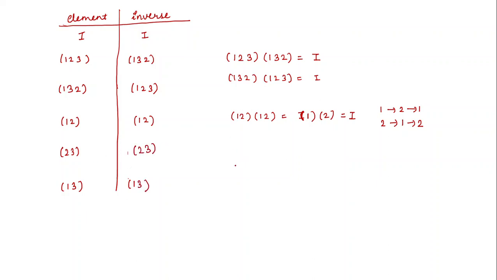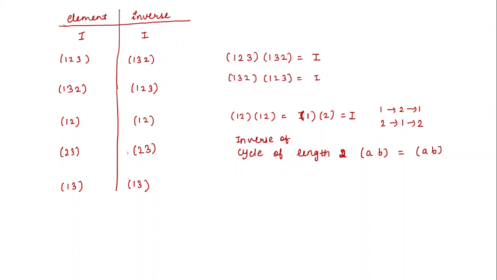In fact, if you consider a cycle of length 2, of the form (A B), then its inverse will be (A B) itself. If you consider any cycle of length 2, not only in S3 but any permutation over n letters, the inverse will be itself.